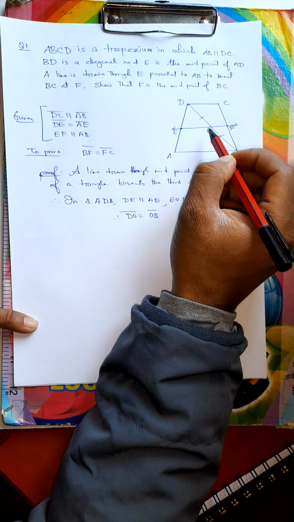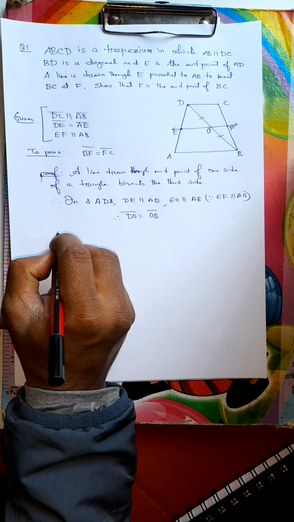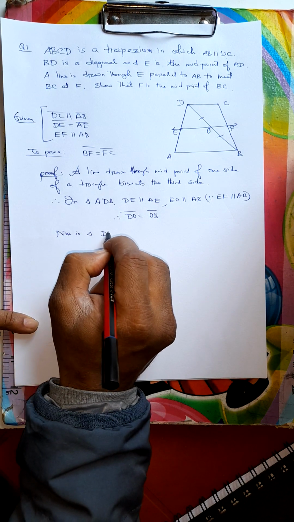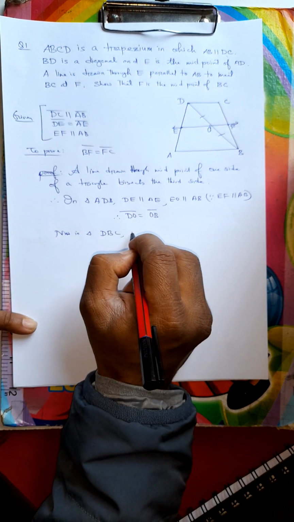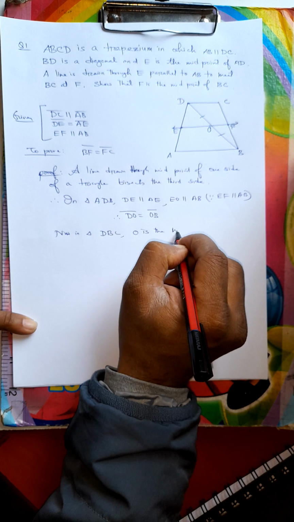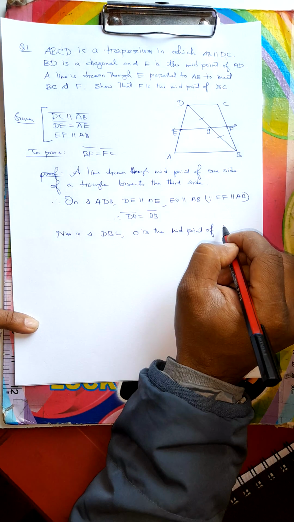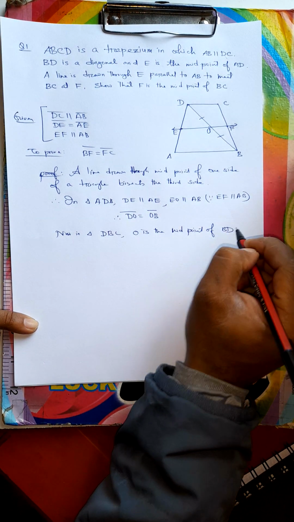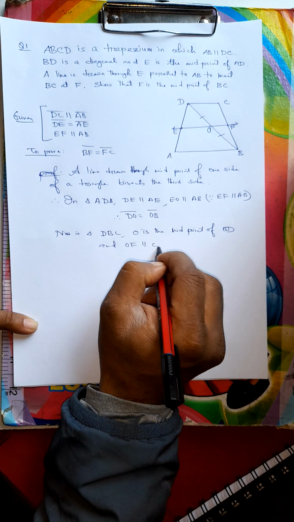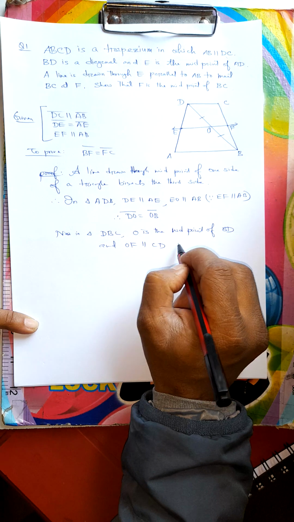Now let us come to this triangle DBC. Now in triangle DBC, O is the midpoint of BD and OF parallel to CD. Right? Why OF is parallel to CD?